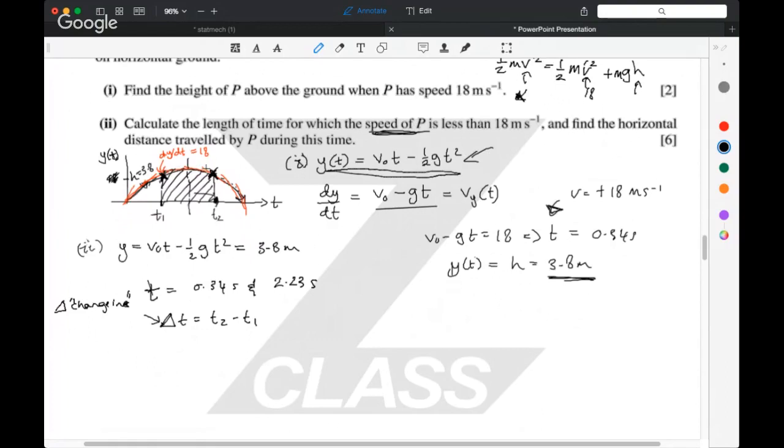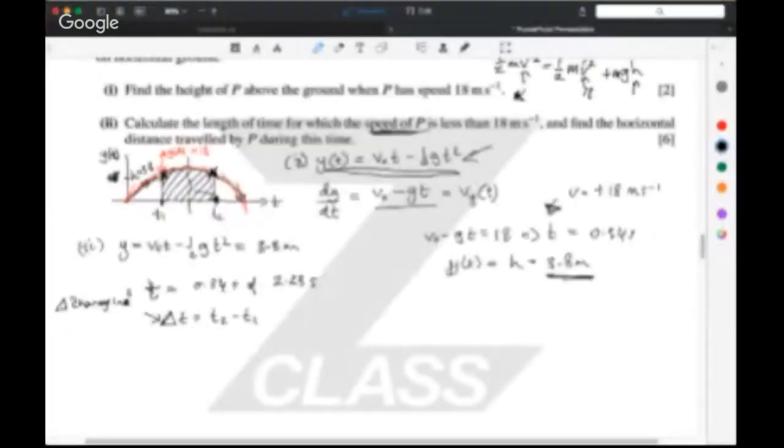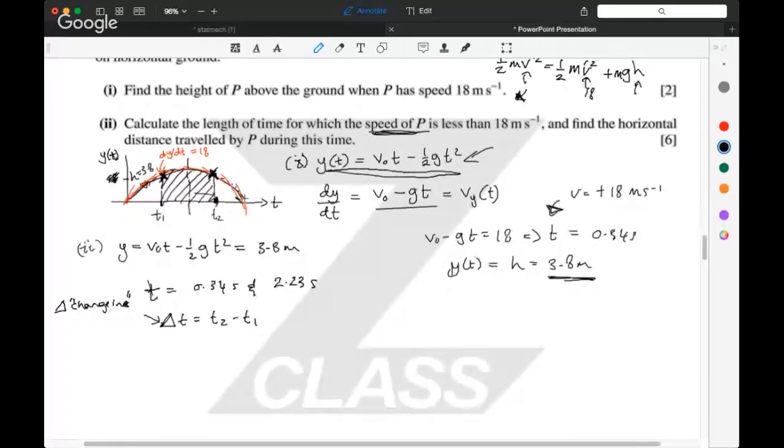But it's shallow between those two times. So we're looking at the time that it's spent above that height. So if we look at the equation for height, which is this y, and we solve for time, remember it's quadratic, so there are two solutions. We get time 1 and time 2, and we know that therefore the change in time is delta t. So that's what we did.